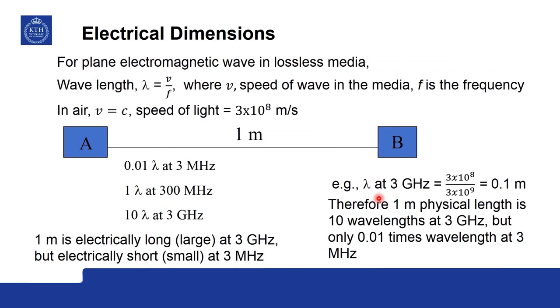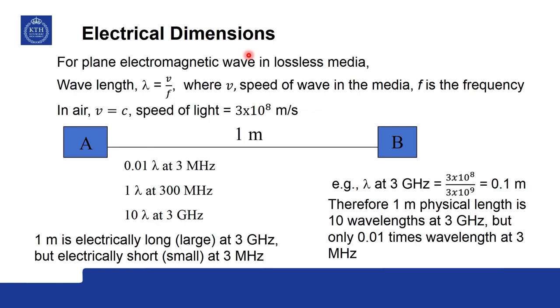Now, we will go through some of the concepts used in EMC. So, we have finished with some of the description of the sources. One is the concept of electrical dimensions.